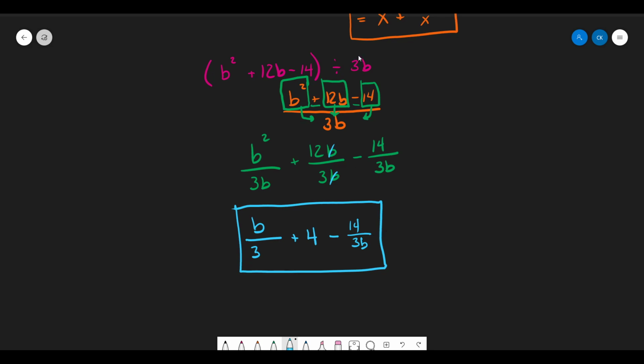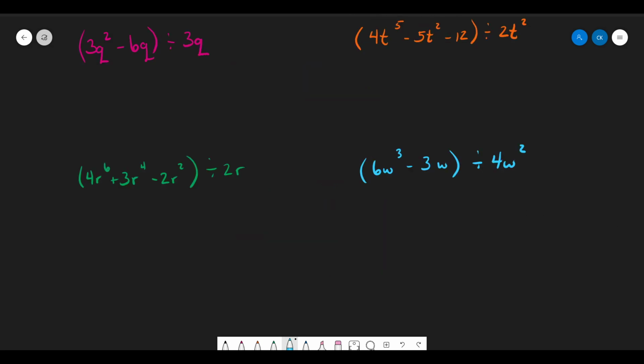Okay, so as long as you're dividing by a single monomial, one term, you're going to take each term in the binomial or trinomial or whatever polynomial we have here and divide each of them by that monomial. All right, so I have 4 different problems up here on the screen. Again, I'd like you to take about 5 minutes, pause the video, and try to do these on your own.